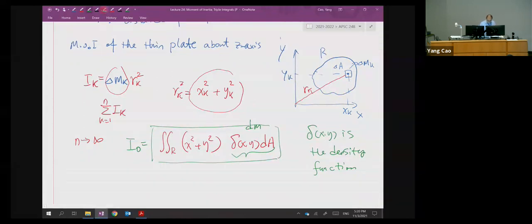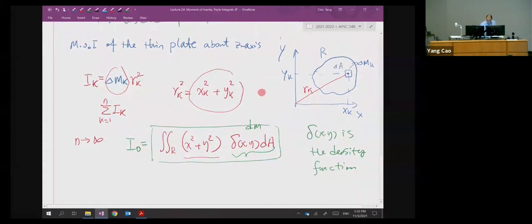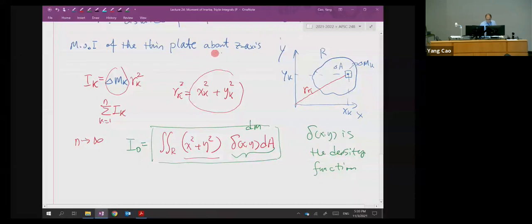So how do you tell? You should tell that by looking at this term. What kind of distance does this term represent? And clearly this represents the distance from any point to the origin or to the z-axis. Okay. So there you go. So this is a formula for calculating the moment inertia of a thin plate about the z-axis.